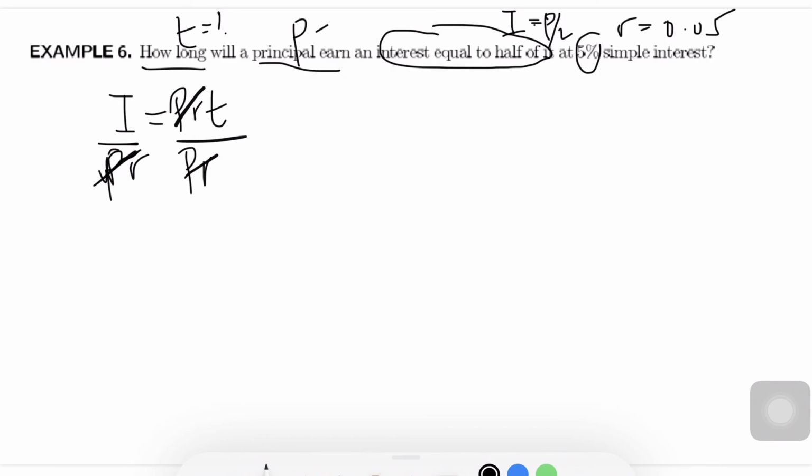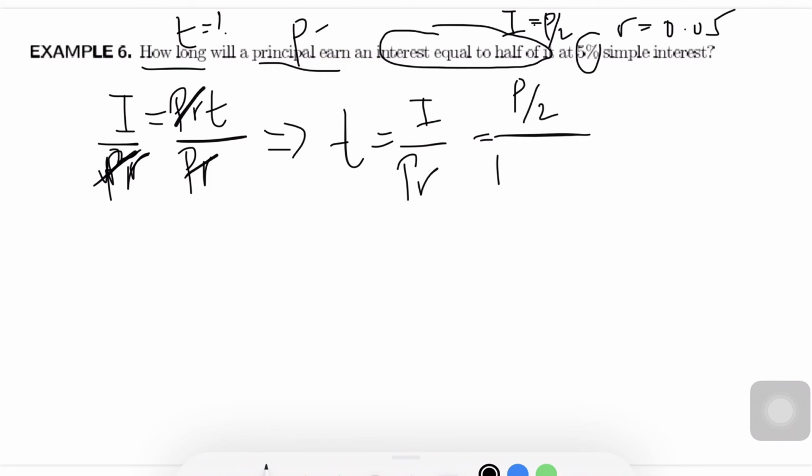So time is I over PR. Interest is P over 2 divided by P times R, which is 0.05. We can cancel P. So we have 1/2 over 0.05.